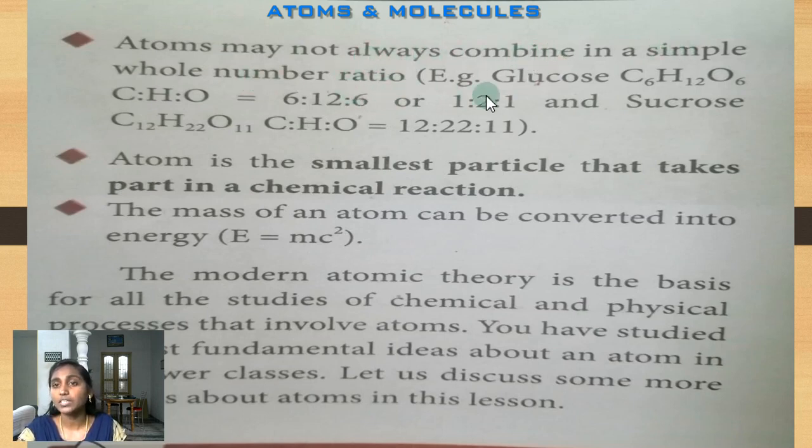They can combine with a complex ratio also. Some examples are given. See, glucose formula you all know, C6H12O6. Its ratio is 6:12:6, or we can take it as 1:2:1. So atoms may not always combine in a simple whole number ratio. Maybe they will combine in a complex ratio also. Example: glucose and sucrose are given.